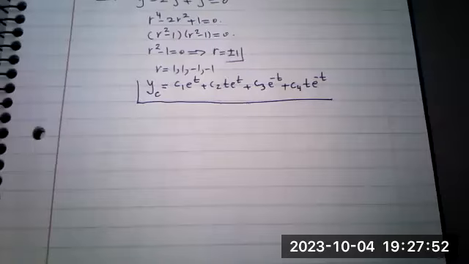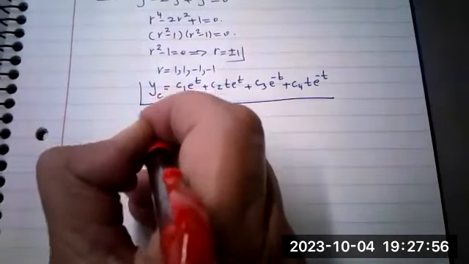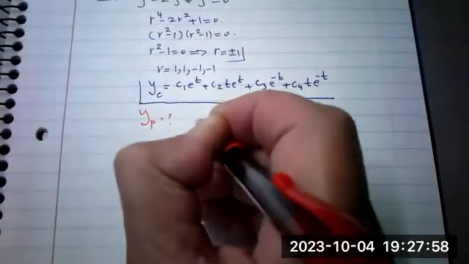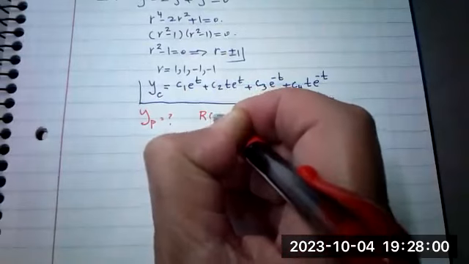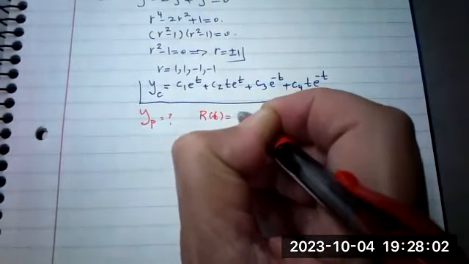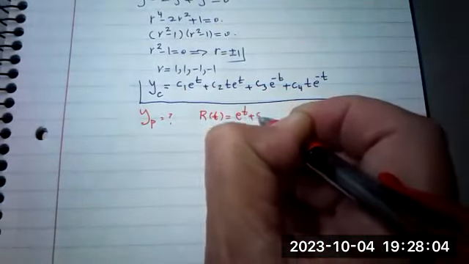So that's the yc. Bring the r, give us the yp. What is r? We want to find the yp. Your r is again a combination of 2 functions: r of t is e to the t plus sine t.